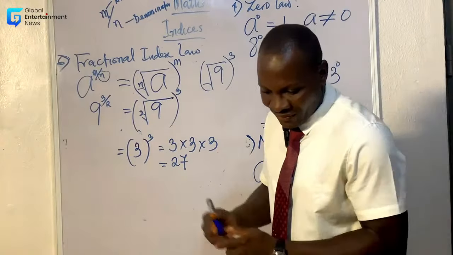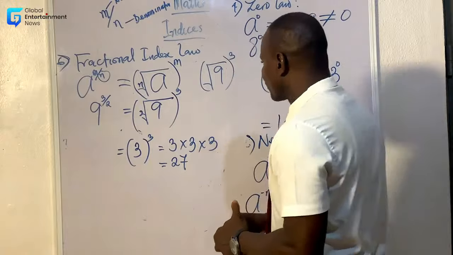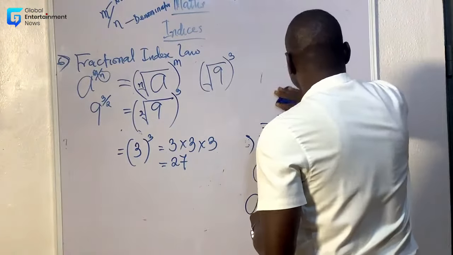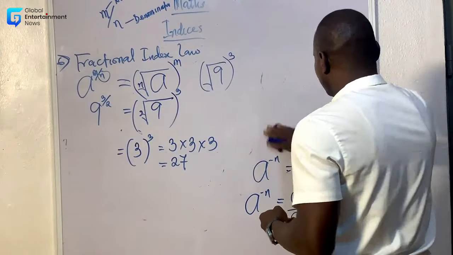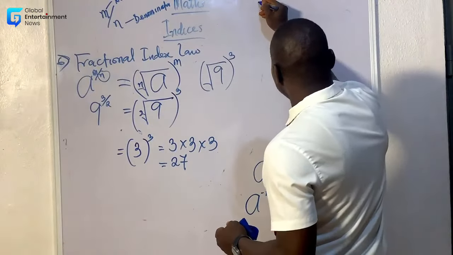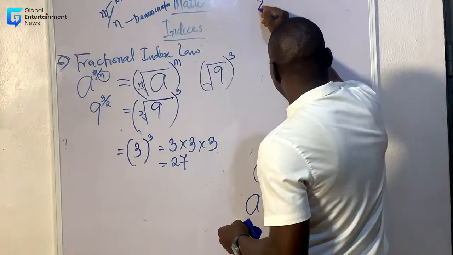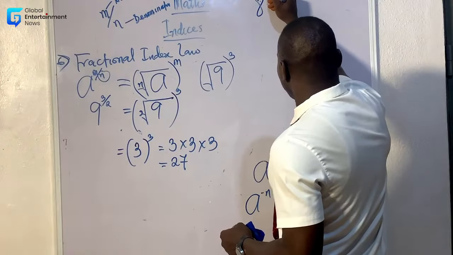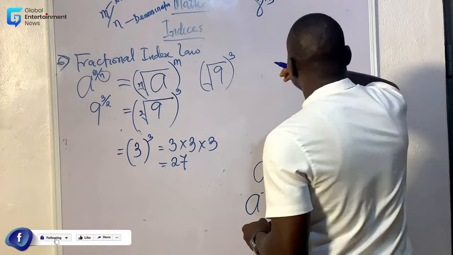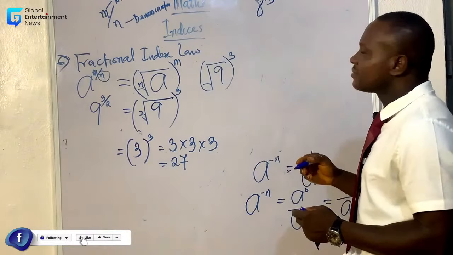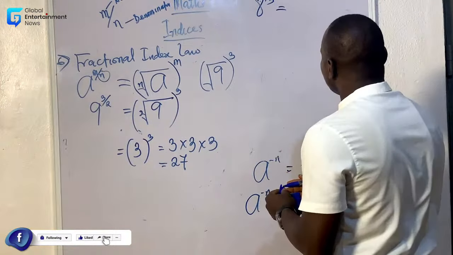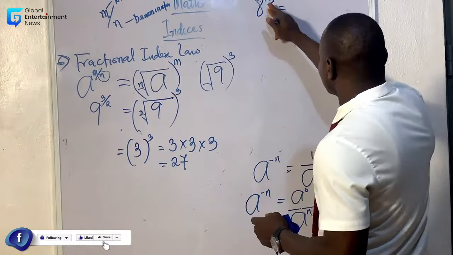Okay? Let me give you another example regarding this. Now, if we have 8 raised to power 2 over 3, look at this. The numerator is 2, while the denominator is 3.